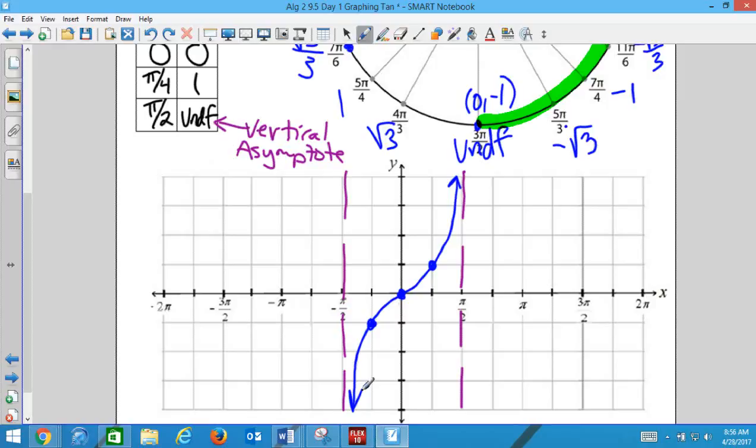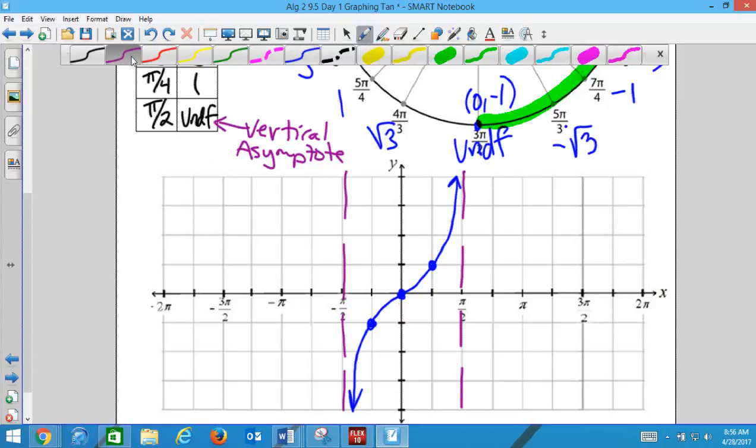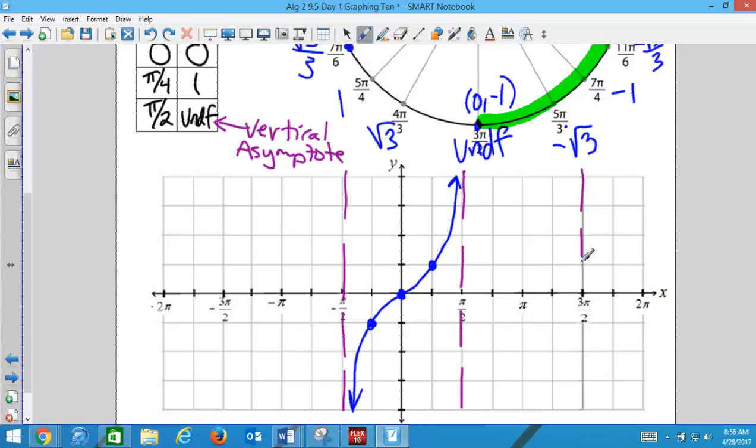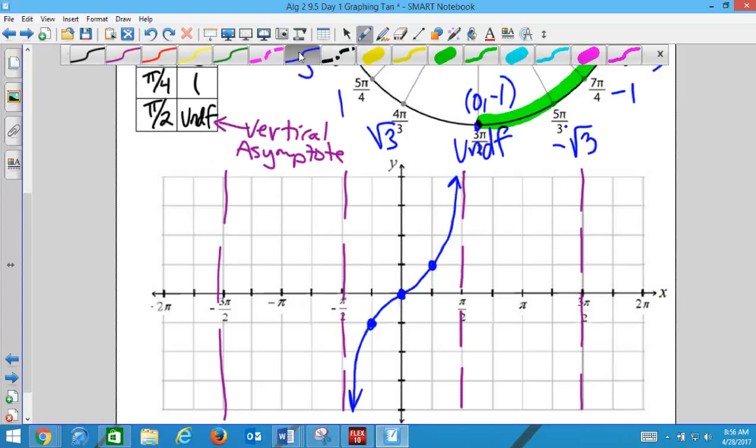So this is one cycle. We need to repeat the cycle. The cycle is pi long, so we need to go the same distance apart with those asymptotes. And then we need to repeat the pattern inside those asymptotes.